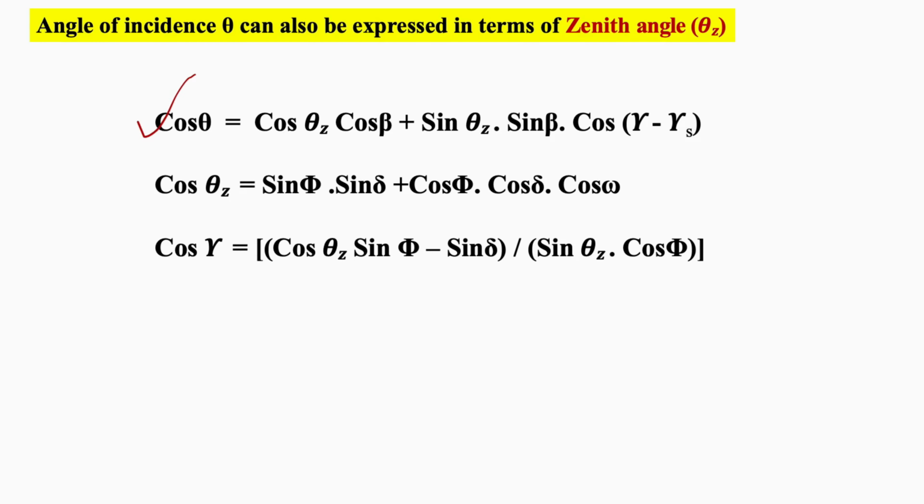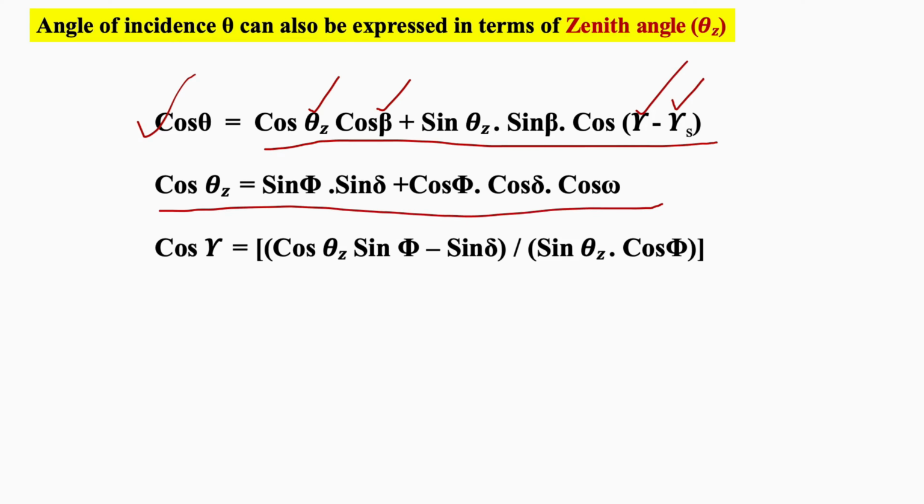We know that the generalized equation for cos theta, having the impact of so many angles, is reduced to a small number of terms, and the equation has been shortened by considering theta z, beta and gamma minus gamma s, that is the surface azimuth angle and the solar azimuth angle. Cos theta z has already been developed. This is if the surface is lying horizontal, and this is the special case of the solar azimuth angle. The cos gamma can be calculated by using this angle.